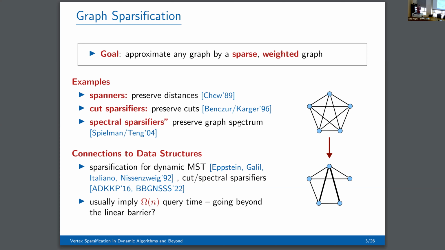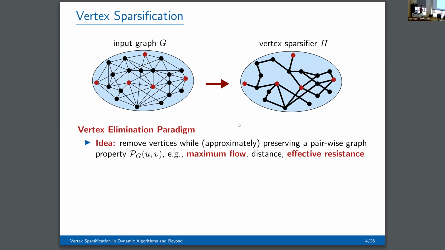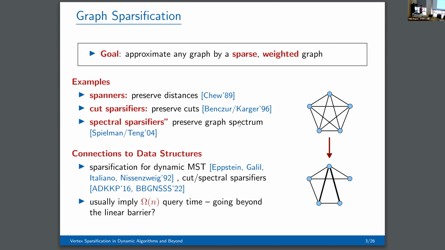Because if you replace m by n, essentially, and you run a static algorithm on the sparsifier, you're going to spend at least linear time. And the main question that I'm asking here is, can we go below this linear barrier? So I'm looking for sublinear algorithms in the number of nodes, okay? So I'm not happy with something like n to the 1.5 or n to the 4 or something like that.